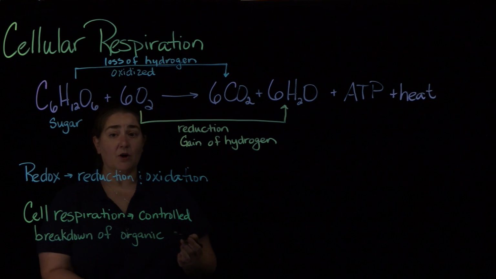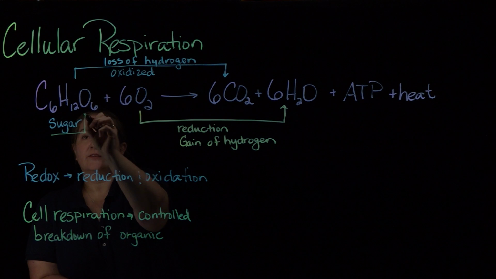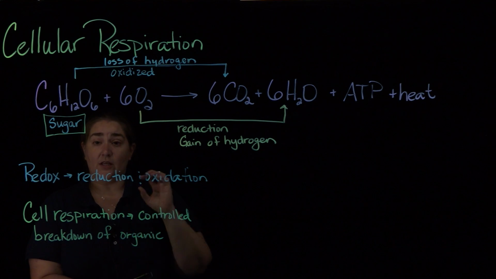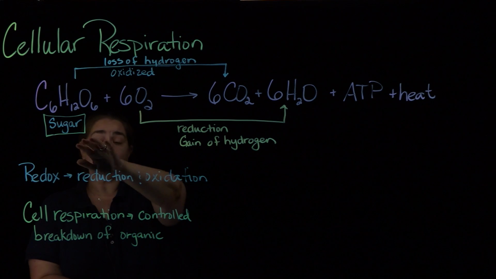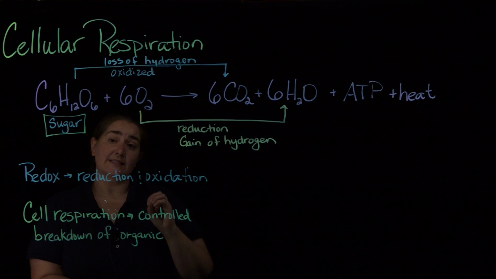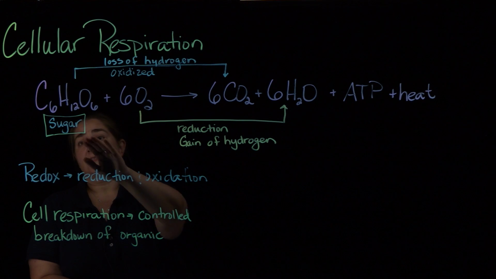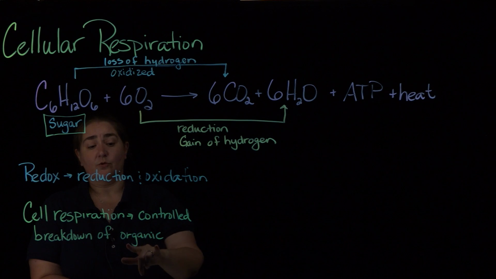And that organic molecule that we're talking about is going to be our sugar here, okay? And in talking about cellular respiration, I'm going to focus on sugar because it's the simplest of the chemical reactions associated with cellular respiration. What I want you to keep in mind is this doesn't just have to be sugar. We're talking about any organic compound.